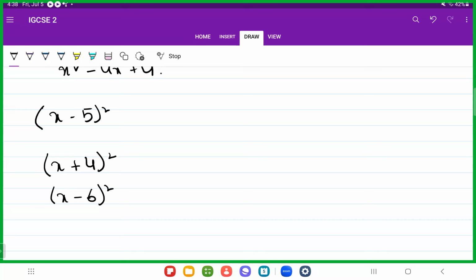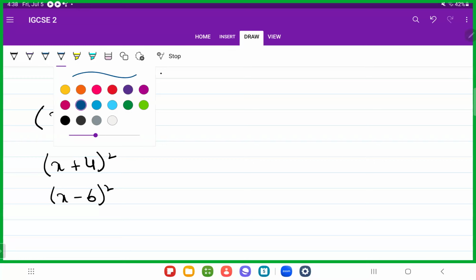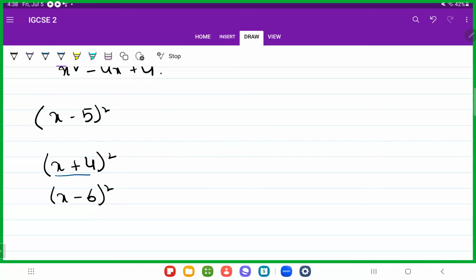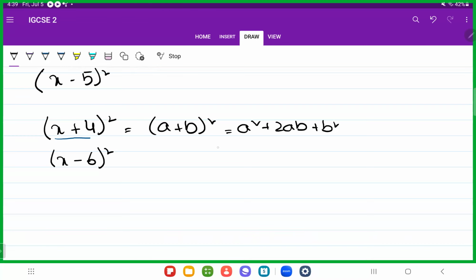Yes, of course. Okay. So which identity do you think will apply to x plus 4 whole square? The first one? Perfect. So we have a plus b whole square, which is opened by a square plus 2ab plus b square, right? So what is my a and b? A is x and b is 4.